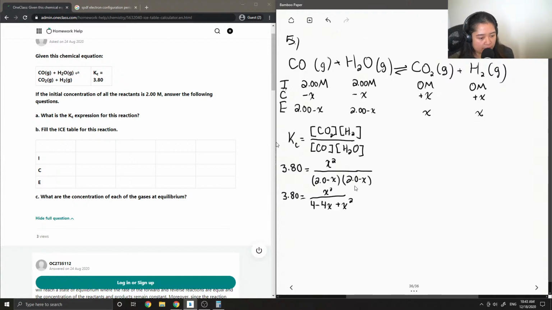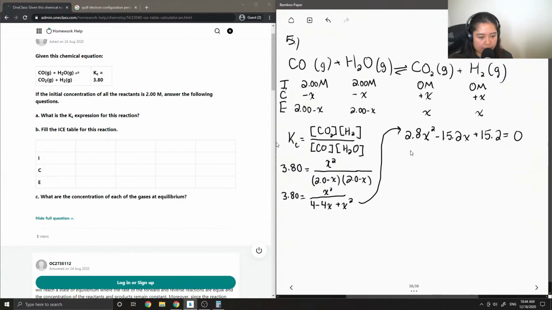First, outside, inside, last gives us 4 minus 4x plus x squared. And then simplifying this some more, you should end up with 2.8x squared minus 15.2x plus 15.2 is equal to 0.